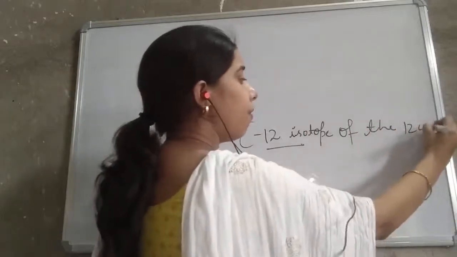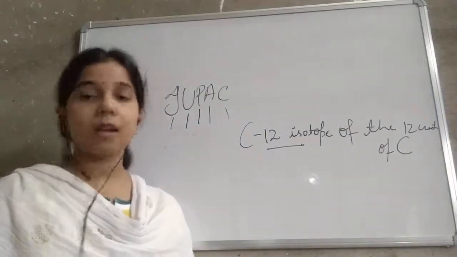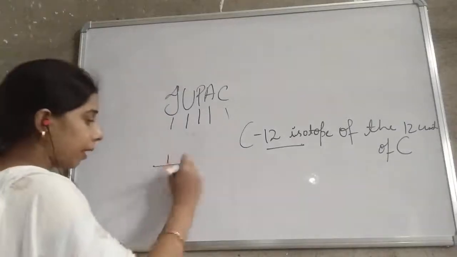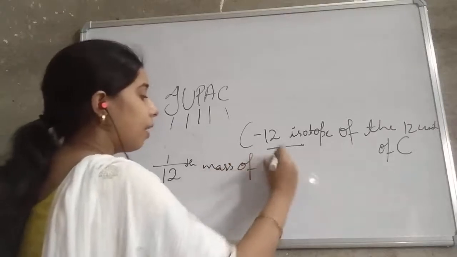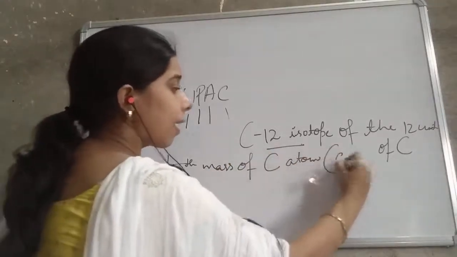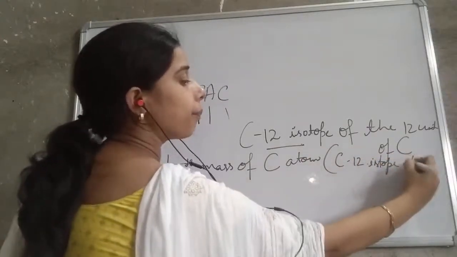Okay, so we can say that the atomic mass is equal to 1 by 12th the mass of a carbon atom, that is, the carbon 12 isotope atom.